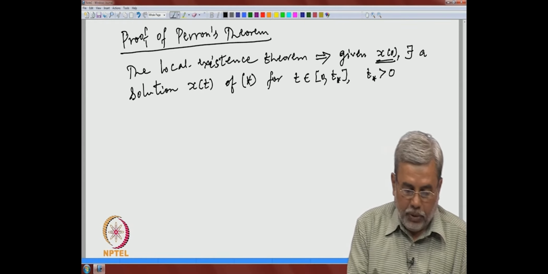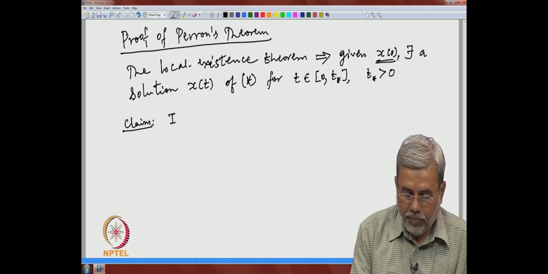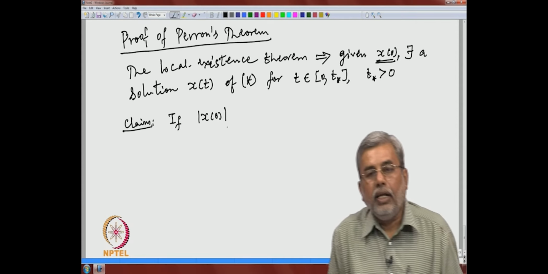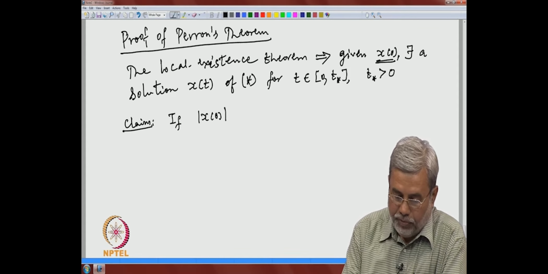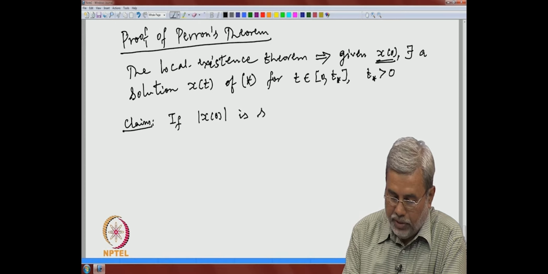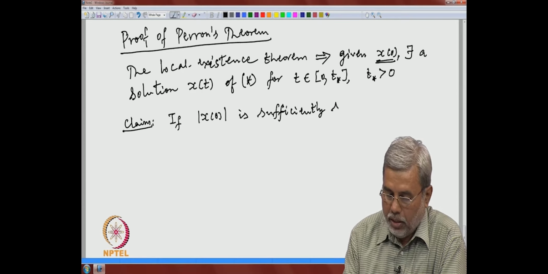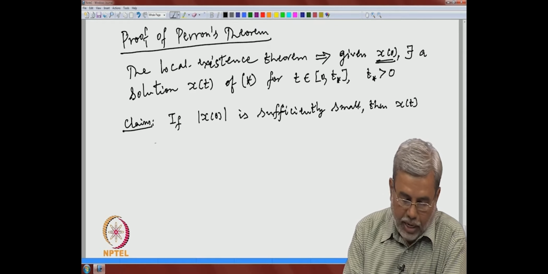So, there are two steps. Okay. So, claim 1: if x 0 is small. So, remember this is the standard Euclidean norm. So, this x 0 is a vector in Rn. So, if this is sufficiently small, then x(t) can be continued.